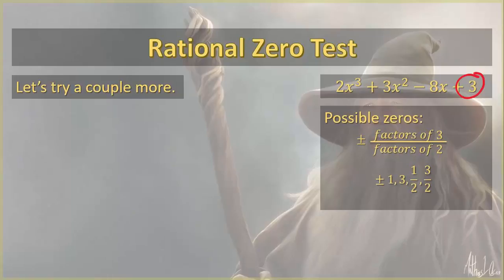The factors of 3 are just 1 and 3. But since the factors of 2 are 1 and 2, I can have 1 over 1, or 1 over 2. Then I could have 3 over 1, or 3 over 2. And all of them could be positive or negative.